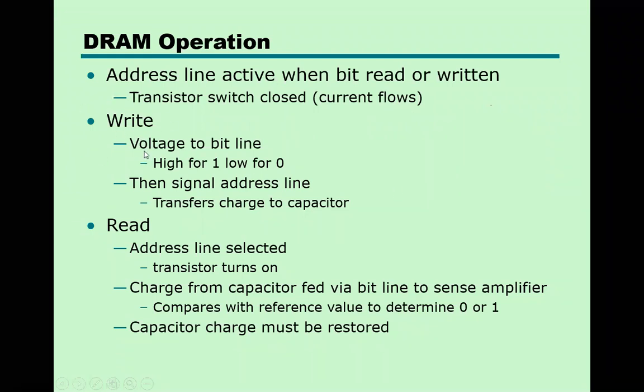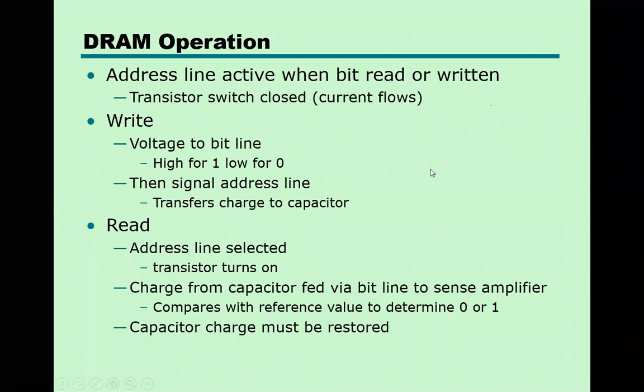If you want to write, the voltage on the bit line is high for 1 and low for 0. If you want to write 1, the bit line is high, then signal the address line to transfer charge to the capacitor.